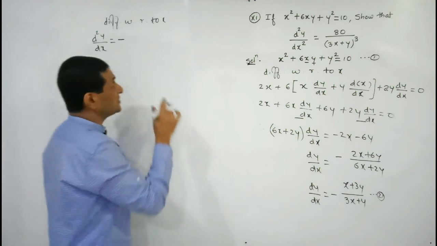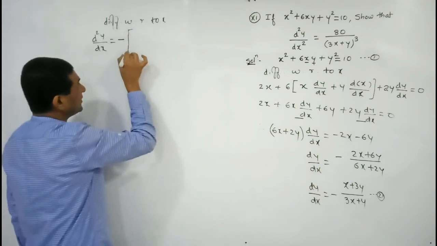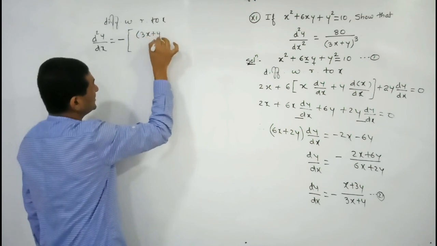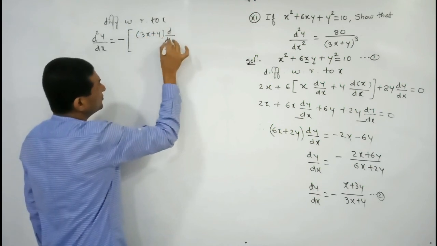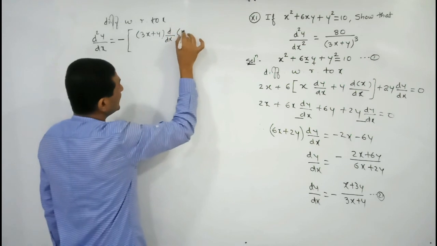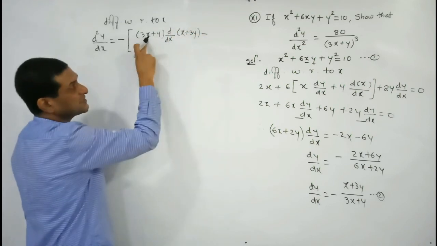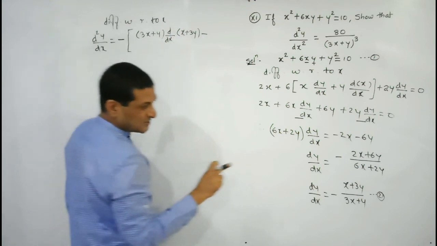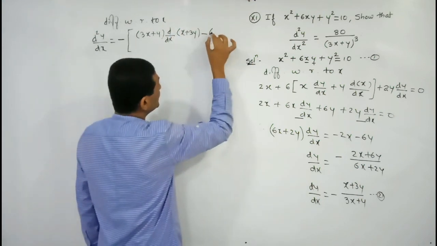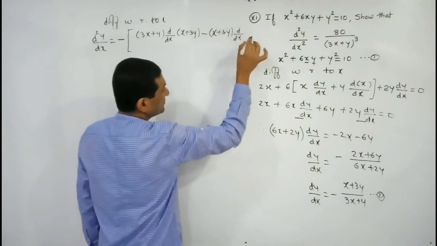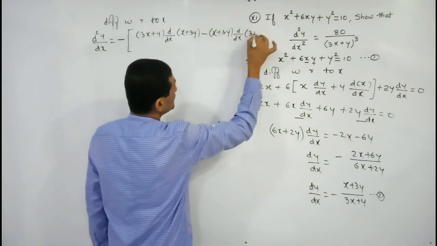First we are just substituting the values in the quotient rule. According to the quotient rule, v keep it as it is, meaning 3x plus y as it is, into the derivative of u. What is u here? U is x plus 3y. Minus v as it is, derivative of u, minus u as it is, meaning x plus 3y as it is, into the derivative of v. What is v here? V is 3x plus y.